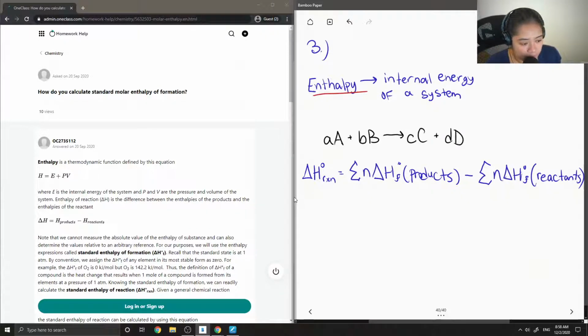Okay, so now let's try to plug in what these values would look like if I were to use the example of the reaction above.